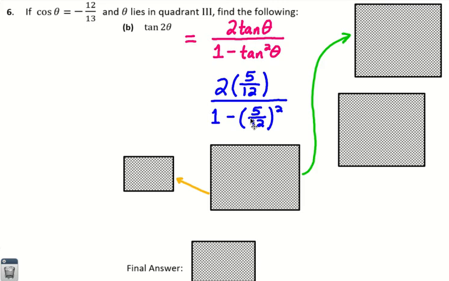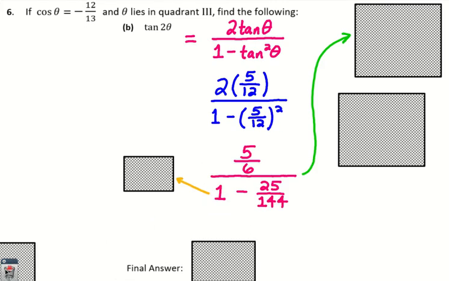When we square 5/12, we get 25 over 144, because when you square a fraction, you square both the numerator and the denominator. 5 squared is 25. 12 squared is 144. And multiplying 5/12 times 2 gets you 5 over 6.